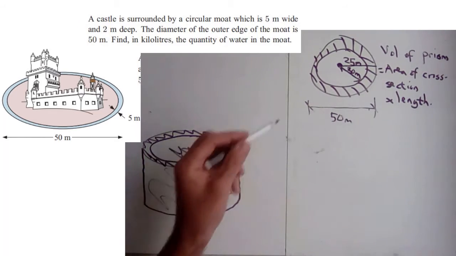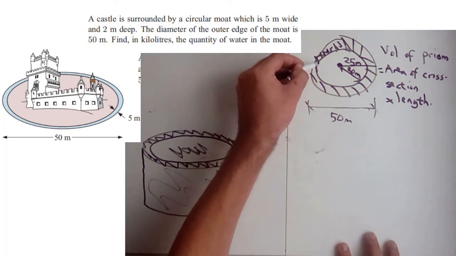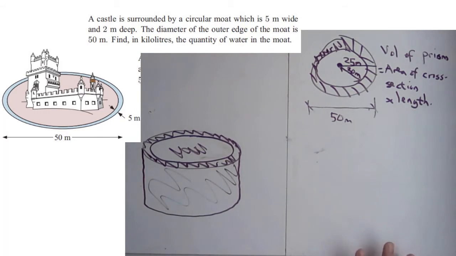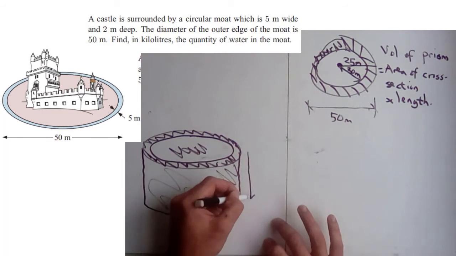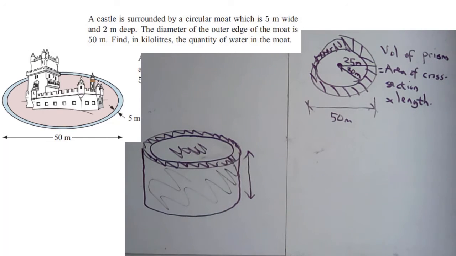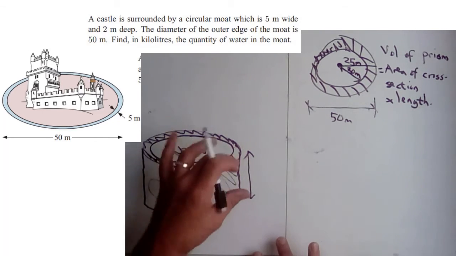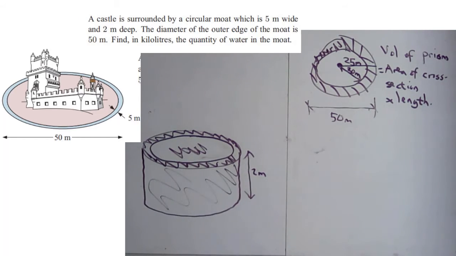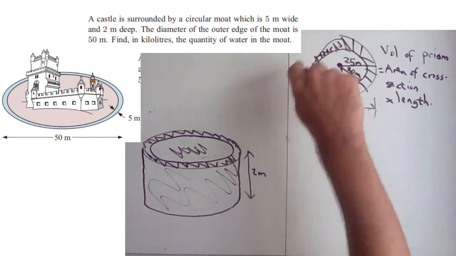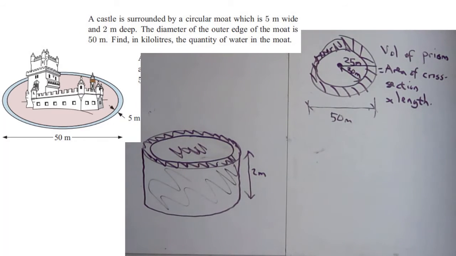So the area of cross section is going to be the area of this circular ring, which is going to be a little bit complicated, but not too bad. And then the length is going to be how deep this moat is, which I think we're told in the question. It's 2 meters deep. So this is not drawn to scale, obviously, but this is 2 meters deep. So once we work out the area of this ring, we can times it by 2 meters, and that will give us the volume in meters cubed.